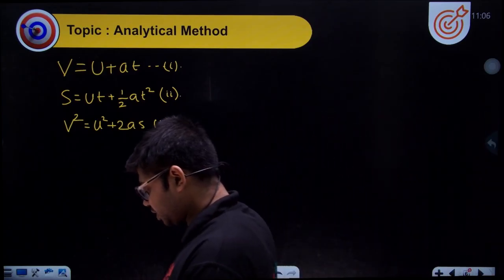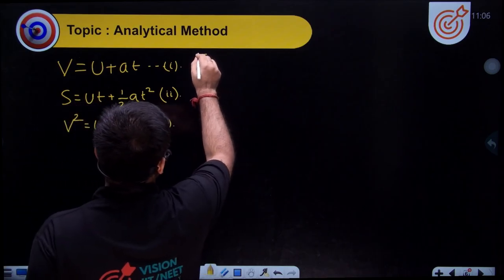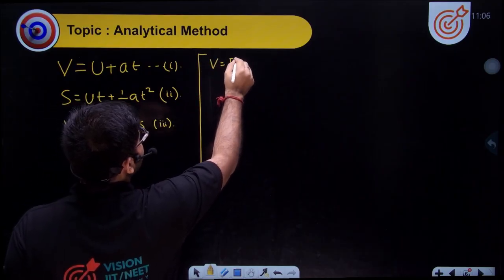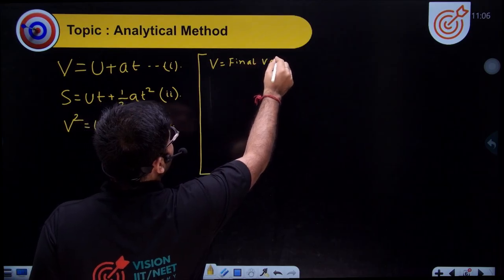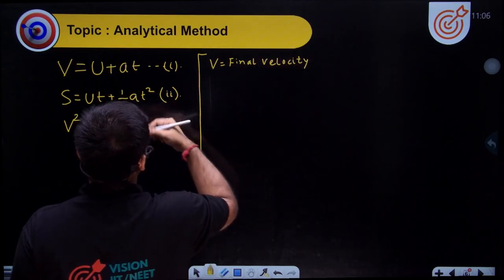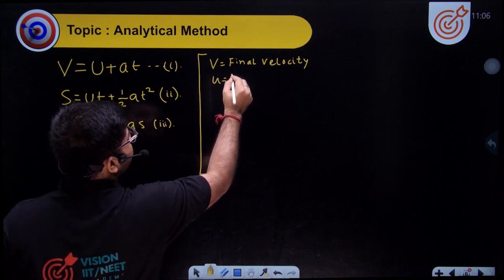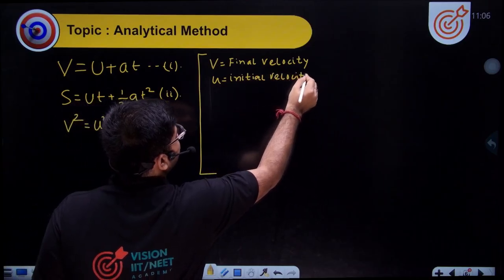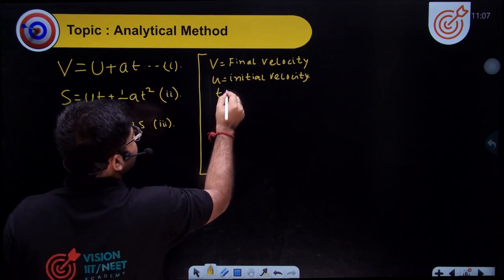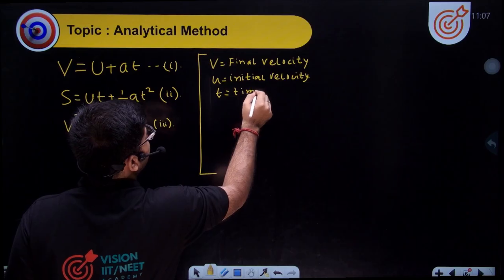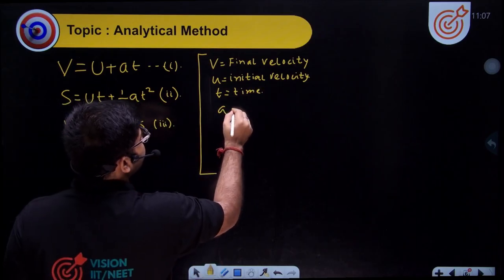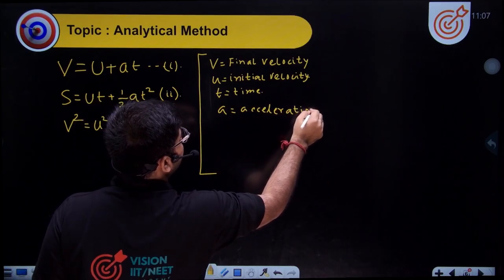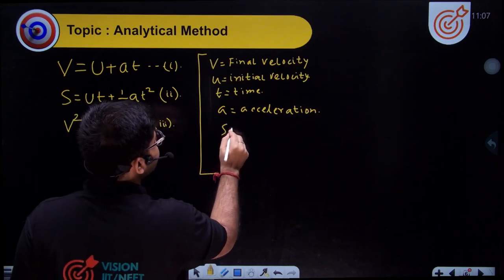What are the meanings of these equations? Okay. So here the meanings are, we can say v is nothing but final velocity, u is nothing but your initial velocity, t represents time, a represents acceleration, and s represents displacement.